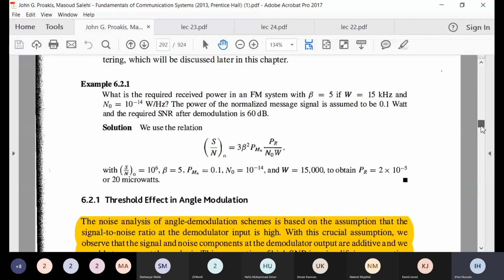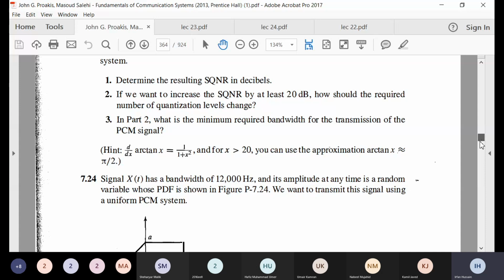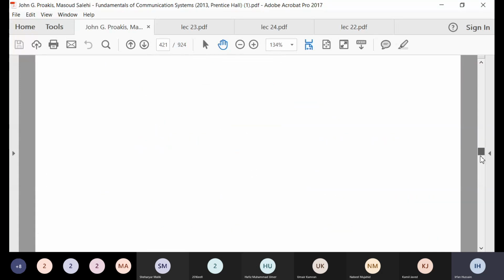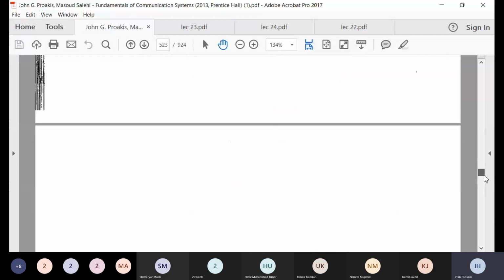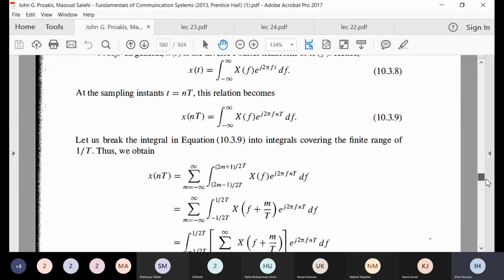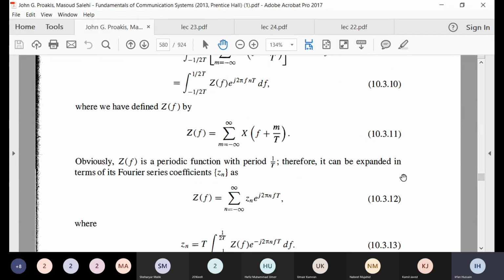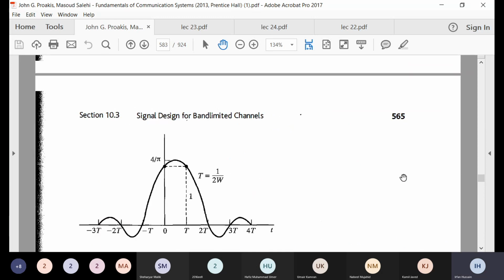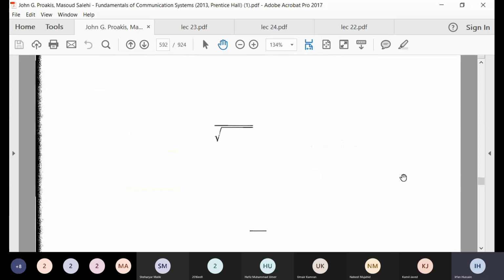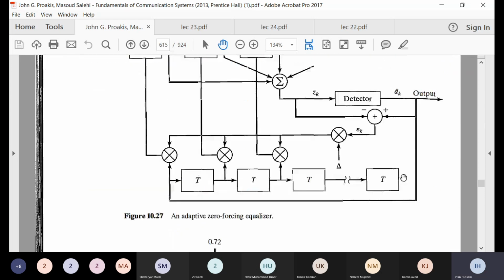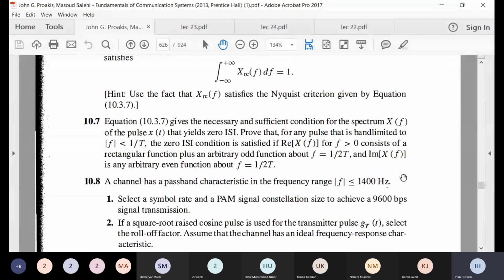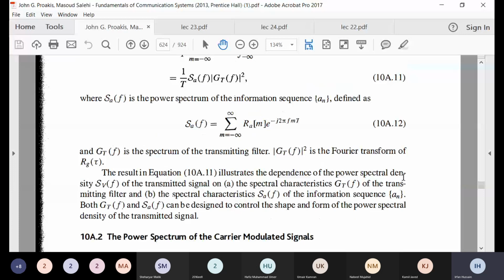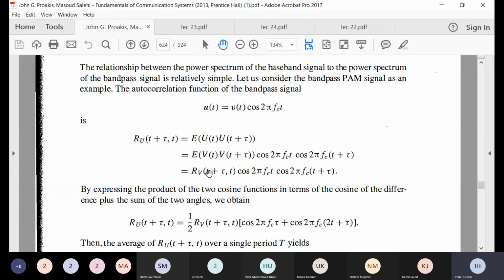So here you can see what we are dealing with right now, these sequences. Depending on t, they are cyclostationary, they are also repetitive.